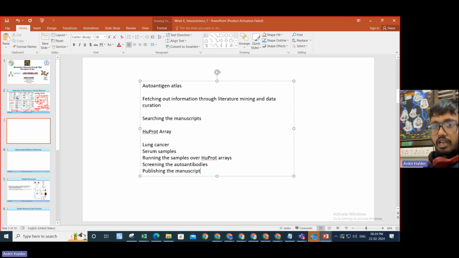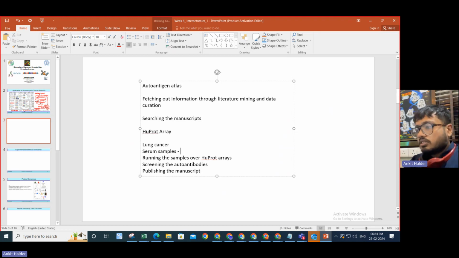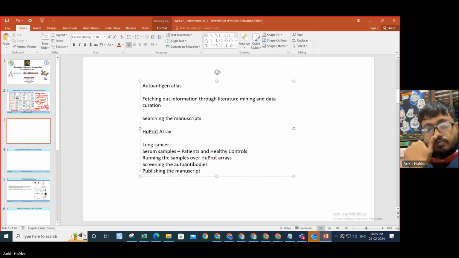So what you did, you had the disease, you had the serum samples of the patients and healthy controls. So you have the patients and the healthy controls. So what you are doing, you are taking those particular samples and running the samples on UProt arrays.